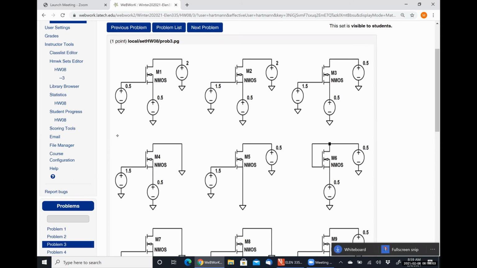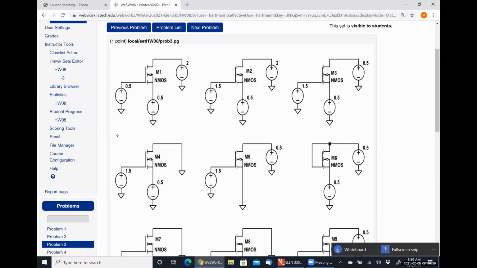So VGS minus VTH is going to be 0.6 volts, right? 1 minus 0.4. VDS is 1.5. So is VDS greater than or less than VGS minus VTH? Greater than. So what does that mean? Saturation. Yeah, if VDS is greater than VGS minus VTH, we are in saturation.